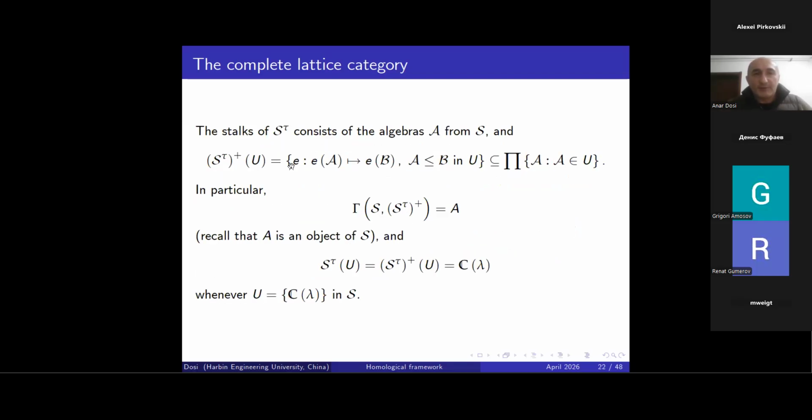Well, we can work with this presheaf. For example, we can look at the stalks of S tau. If you look at the stalks, they consist of all compatible families from the direct product.